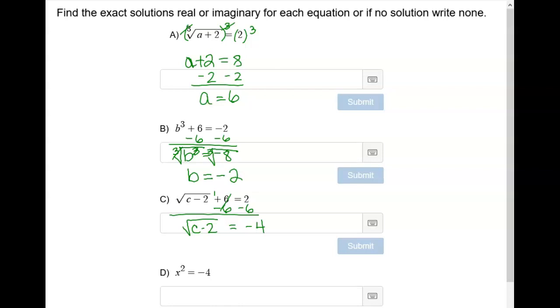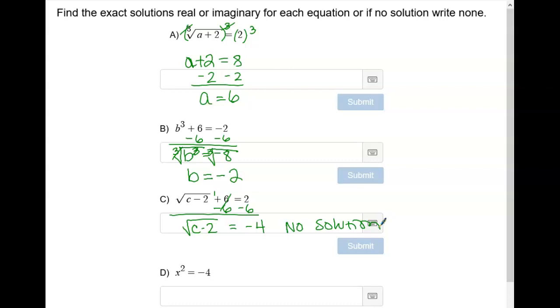Sorry, I can't take the square root of a number and get a negative because the definition of a square root is that when you take the square root of a number, it's a positive answer. So this one here would actually be no solution. And for the last one, we have x squared is equal to negative 4.